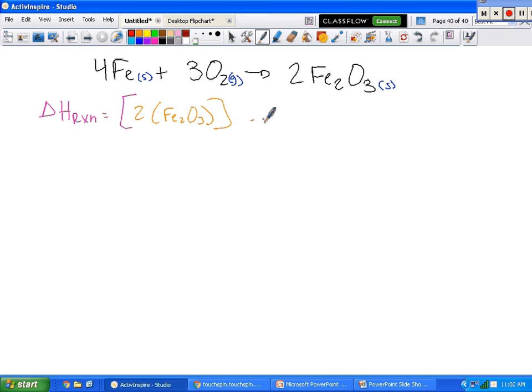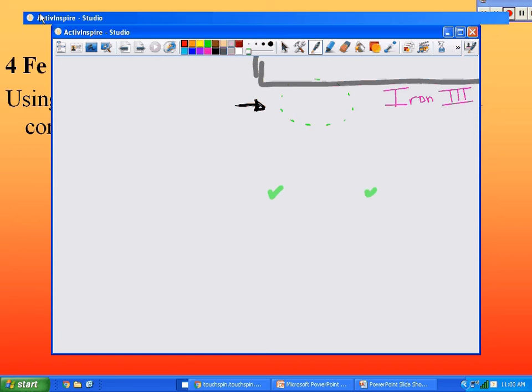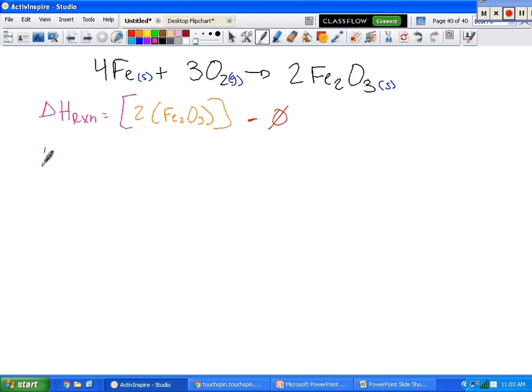Because both of those are zeros, so there's not going to be anything to subtract. Now, the value for Fe2O3 was negative 826. What is negative 826 doubled? Okay. All right, so delta H of the reaction is equal to negative 1652.